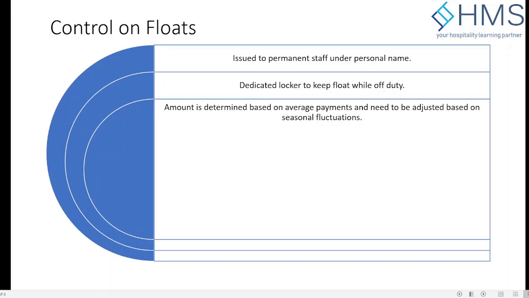So for an F&B float, if they are not making any payment and are just using it to exchange money for smaller notes, they don't get a lot of float. They get only small notes so that they can do the exchange whenever there is a payment from the customer. So it depends on the average check size. Maybe you can take 5 or 6 customers a day depending on how frequent the business is. That comes from experience.